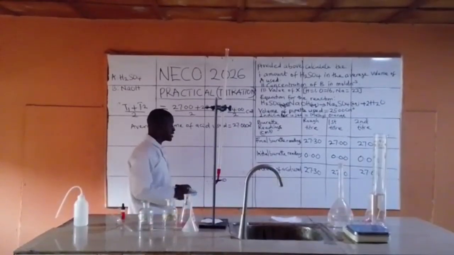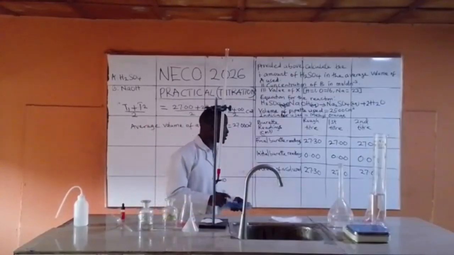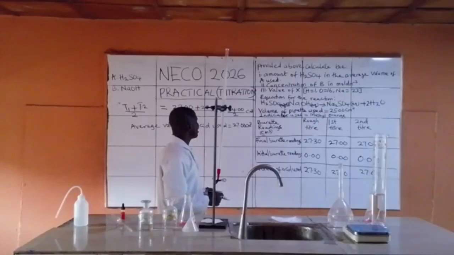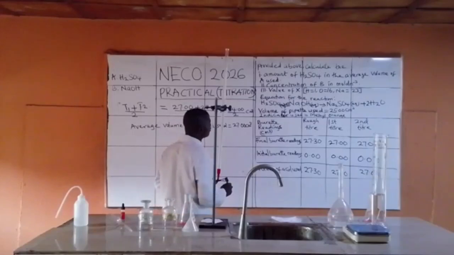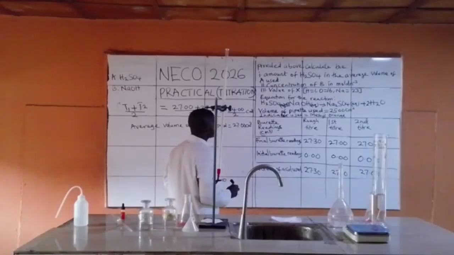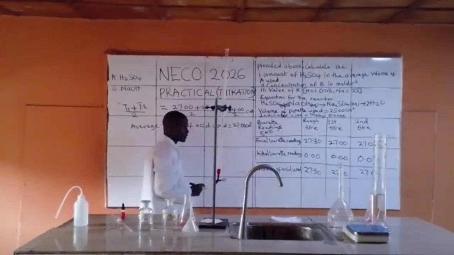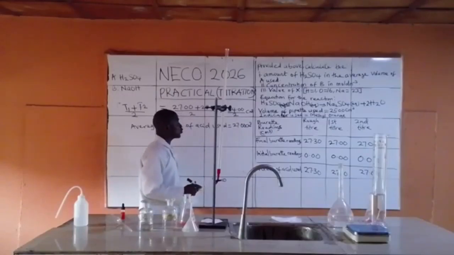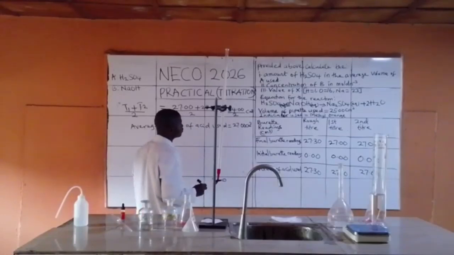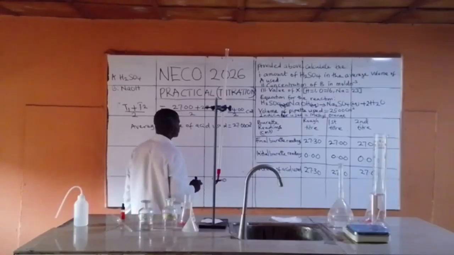Now, having calculated the average volume of acid used, we move to B Roman figure 1. And the B Roman figure 1 says amount of H2SO4 in the average volume of A used. Now, in chemistry, amount is referred to as mole. That is mole of H2SO4 in the average volume of A used.